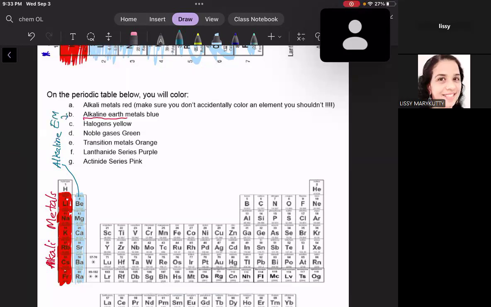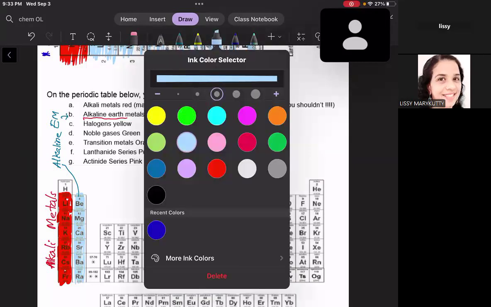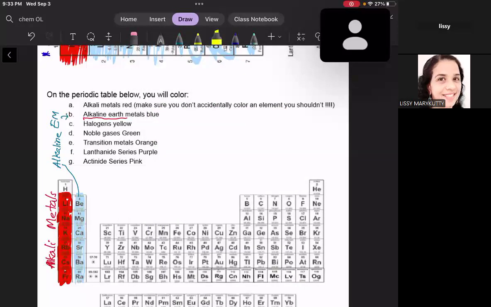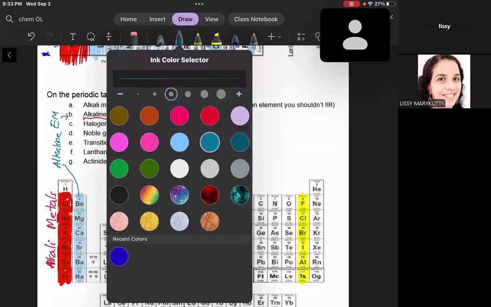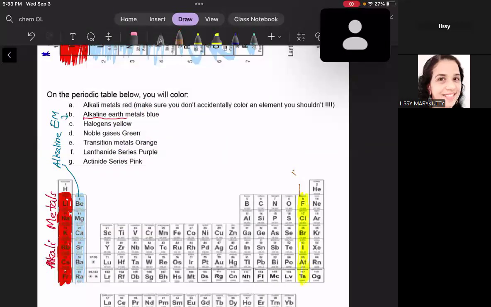The name is here. Okay, then next we need yellow color. So we are going to highlight group number 17, which is this group. And they are called halogens.